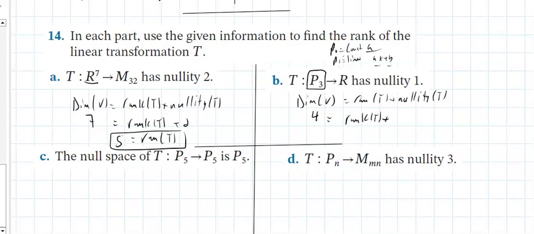The nullity in this case happened to be 1. So we know the rank of T will be 4 minus 1, which is 3.